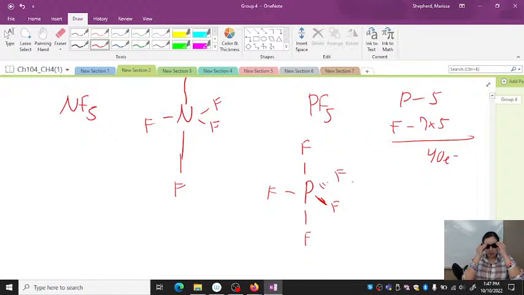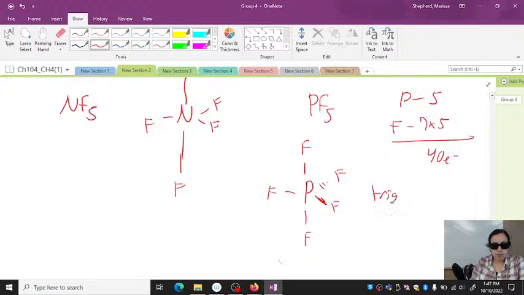I'm kind of drawing it in 3D, what we expect it to look like. So this fluorine, this phosphorus, and this fluorine, these are all what are in the principal rotation axis, so up and down, Z. And then these are kind of in a plane, in a triangle form, spread out.